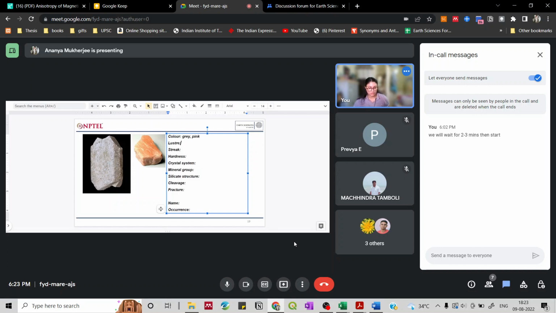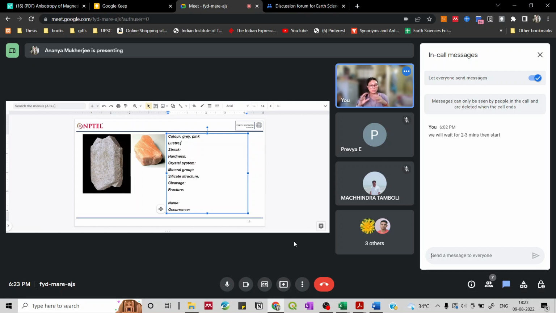Now, what is the luster? Luster is the way light is reflected off a mineral. We have different lusters: vitreous, that looks like glass; adamantine, that is very sparkly like a diamond; pearly, that has a sheen to the surface.